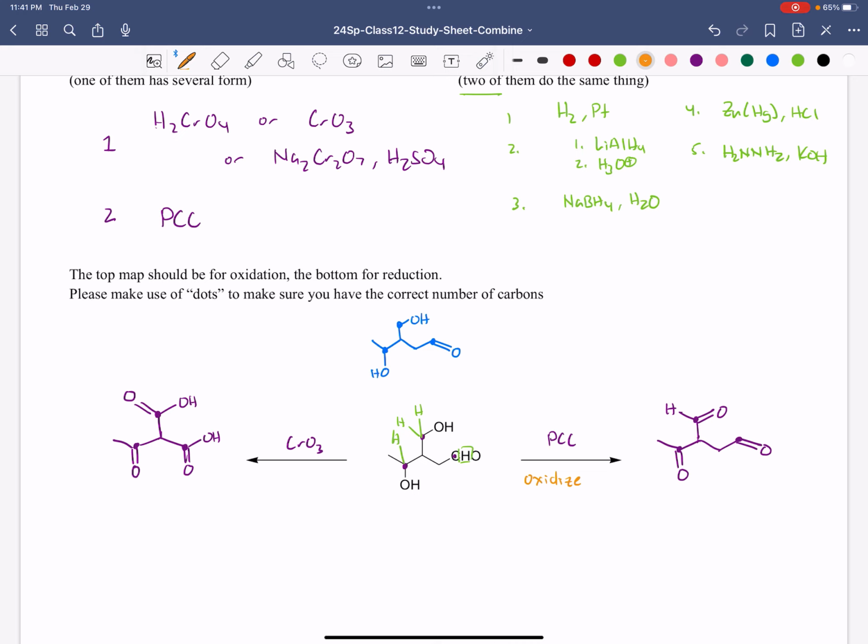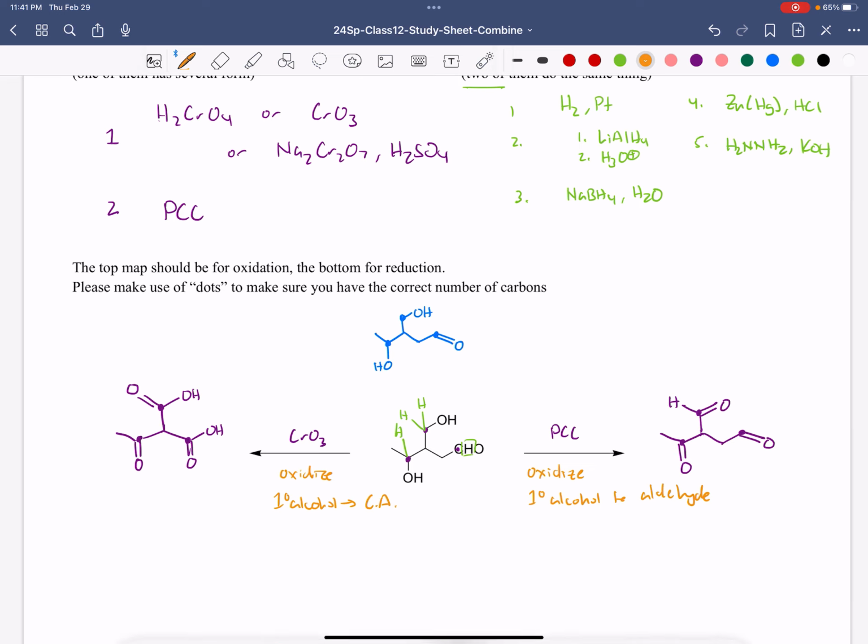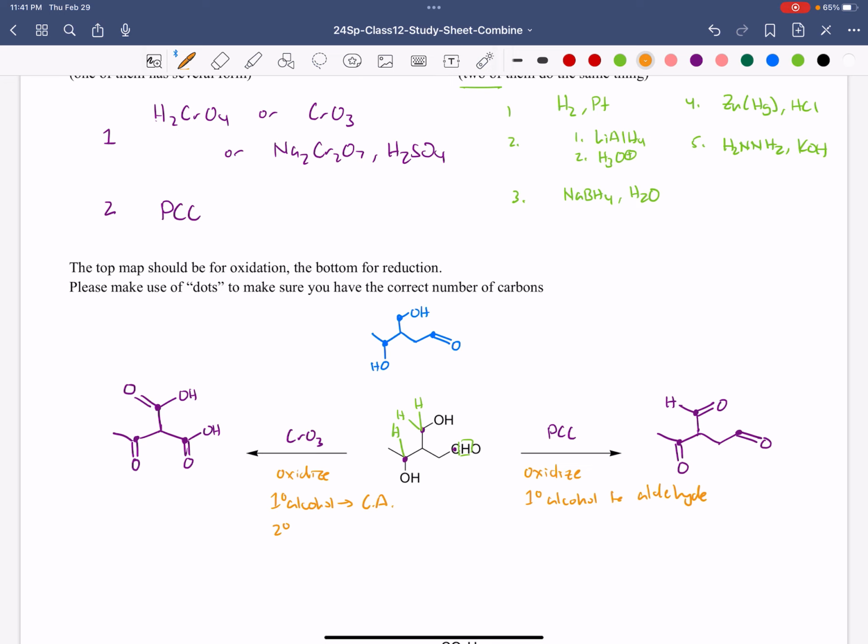You're going to oxidize a primary alcohol to an aldehyde. Whereas for the CrO3, your primary alcohol goes to the carboxylic acid. So there's a major difference there. Secondary, for both of them, you go to the ketone. No difference, right? Go to the ketone.